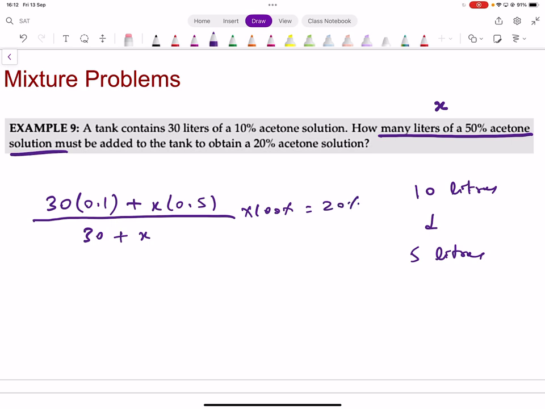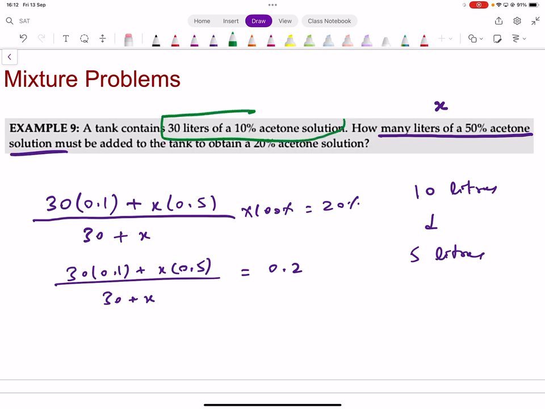Does that make sense? Or in other words, we could say 30 into 0.1 plus X into 0.5 divided by 30 plus X should equal 0.2. This number should give you 0.2 as the result. Does that make sense? Let me repeat what we have done. We had 30 liters of a 10% acetone solution and x liters of a 50% acetone solution. In the final result, we want 20% acetone.